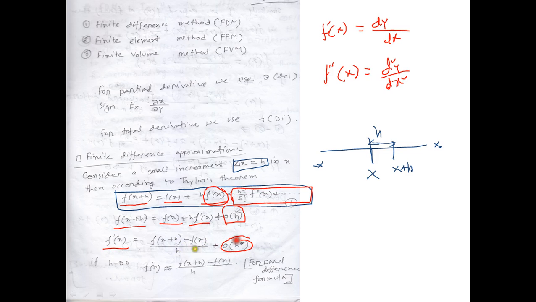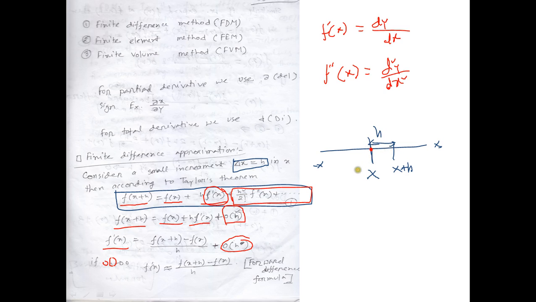So for example, if all these other terms tend to 0, then we will get f prime x approximately, this is not an equal sign, this is an approximate sign, f of x plus h minus f of x divided by h. And this is called the forward difference formula. Why is it called the forward difference formula?